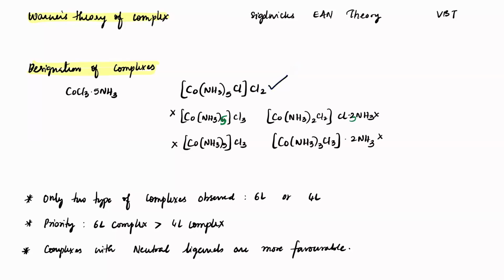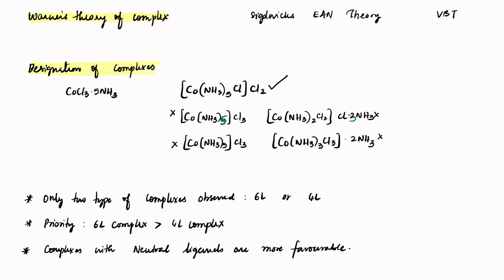Now that's what we need to understand. As per Werner's theory, a complex of this kind can only exhibit two coordination numbers. Either it could be 4 or it could be 6. Usually metals do not have a wide variety of coordination numbers.